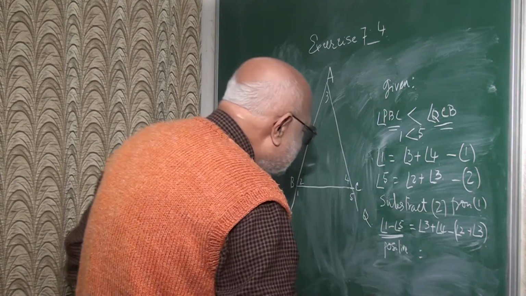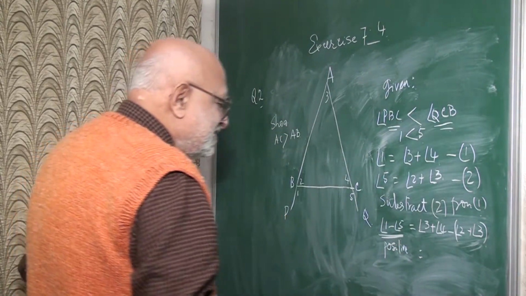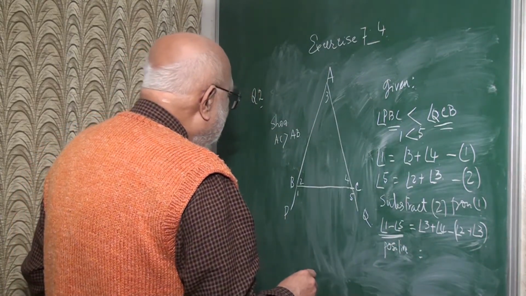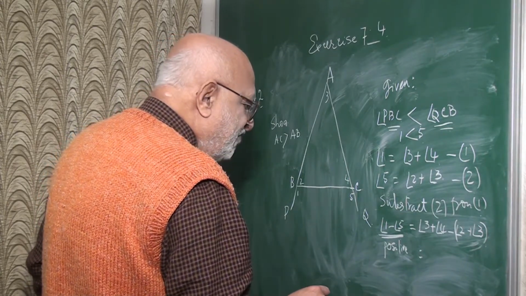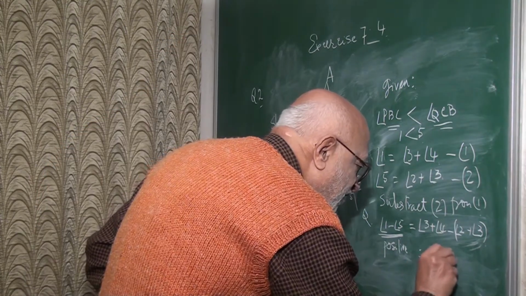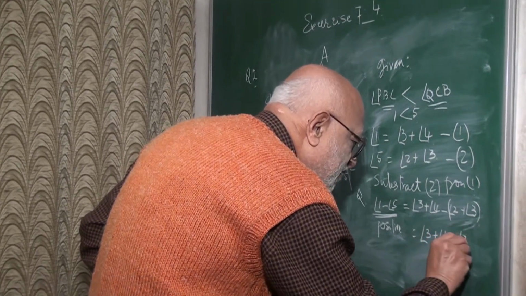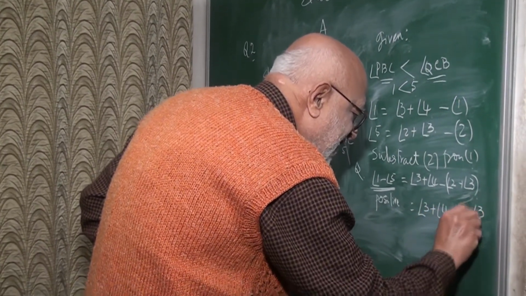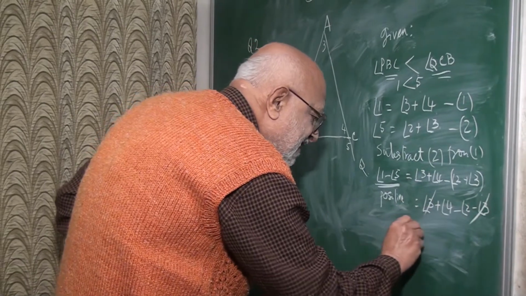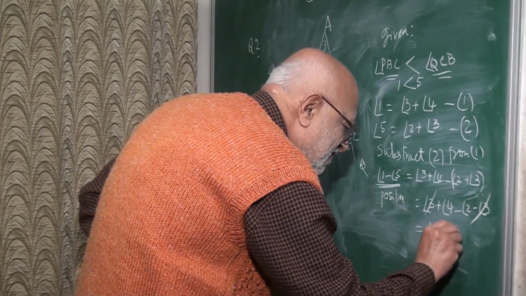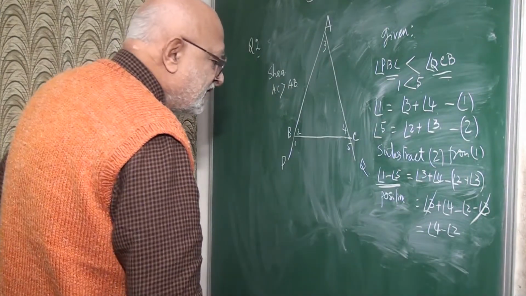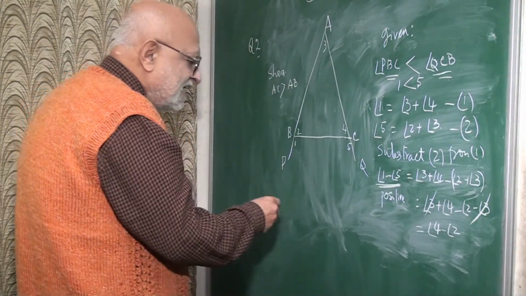What about the other side? It is angle 3 plus angle 4 minus angle 2 minus angle 3. This 3 and this 3 get cancelled, so it becomes angle 4 minus angle 2.